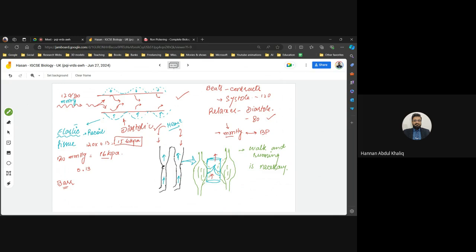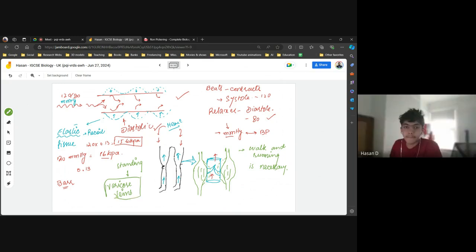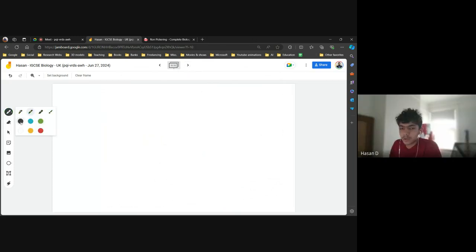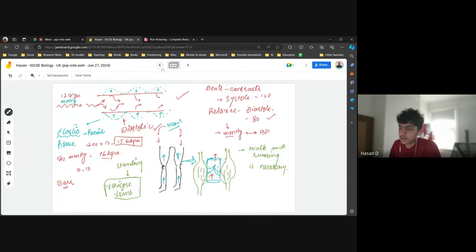And because of this particular reason, standing is not the answer. Remember, standing is not the answer, because merely standing would lead to a dangerous situation called varicose veins. You may search about it on Google. I thought that was just a symptom of old age, not a problem necessarily.